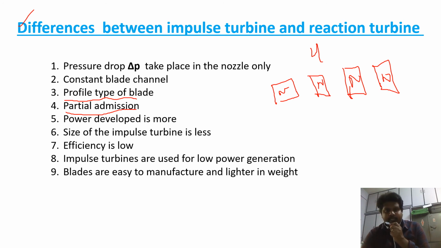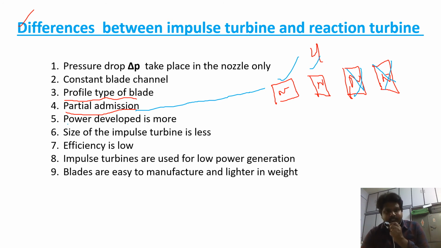The advantage in an impulse turbine is, for example, if I want only 2 nozzles, I can use only two nozzles and stop the remaining 2 nozzles. So that is the partial admission. But in a reaction turbine, we cannot do like this.